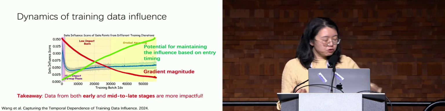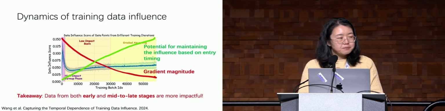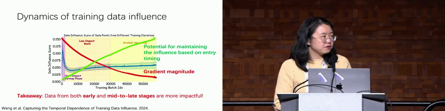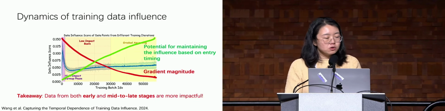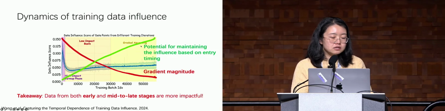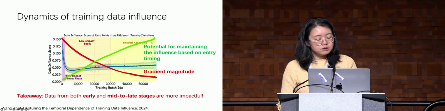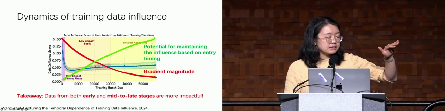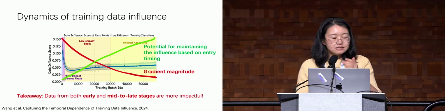Okay, so some of you might wonder why you have this rise, fall, and rise pattern. I just want to give you some brief intuition about that. So data influence is somewhat determined by the gradient magnitude. If the gradient is large, you have larger influence. So initially, the gradient is very large, and so the influence is driven by this force that is slowly decreasing. And it is a tug of war with another force.